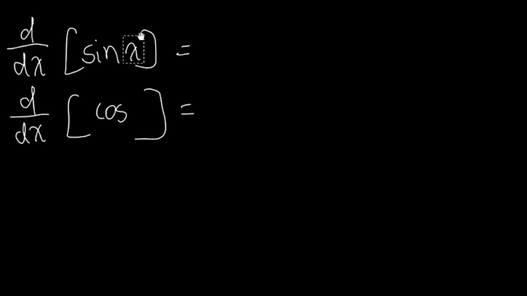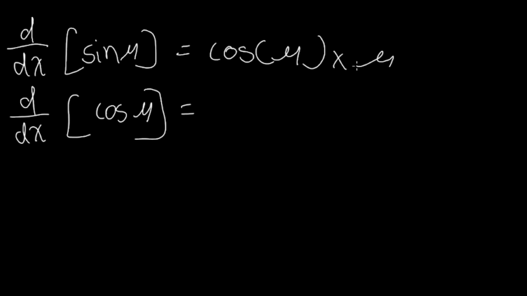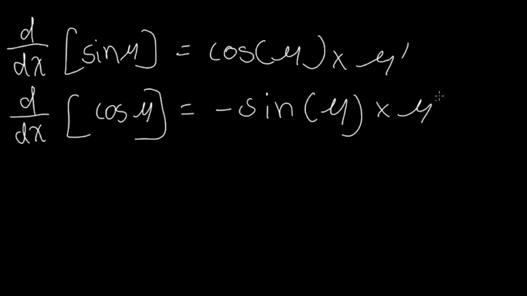Alright, so let's use u, as per the book I'm using. So this is equivalent to cosine u times u prime. This is equivalent to negative sine of u times u prime.